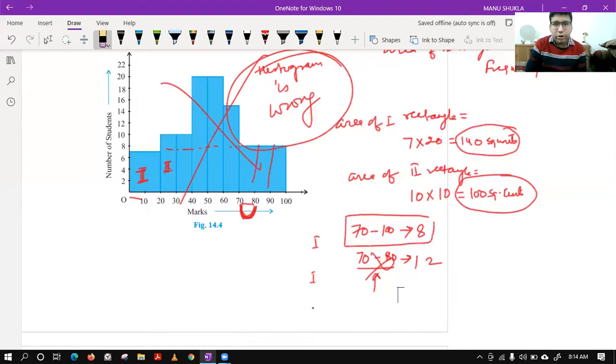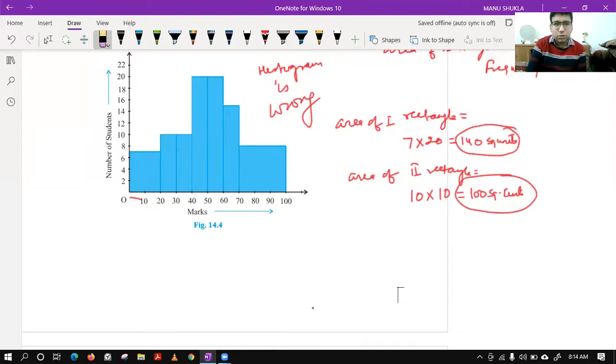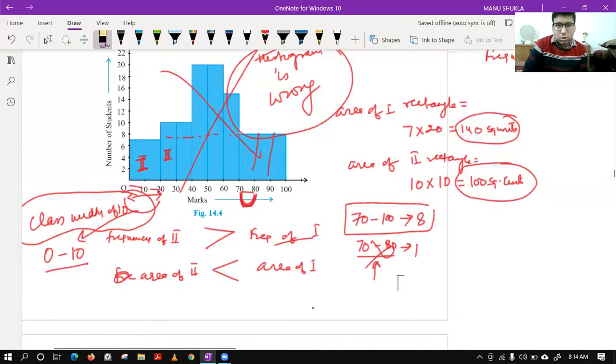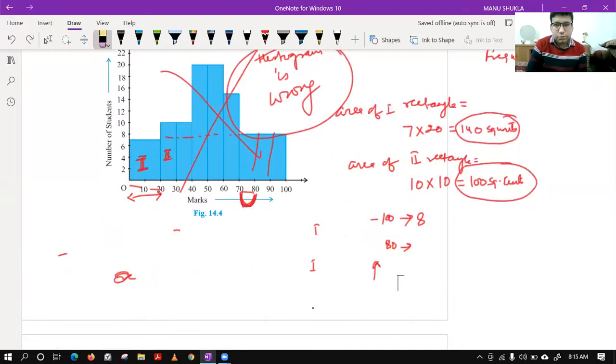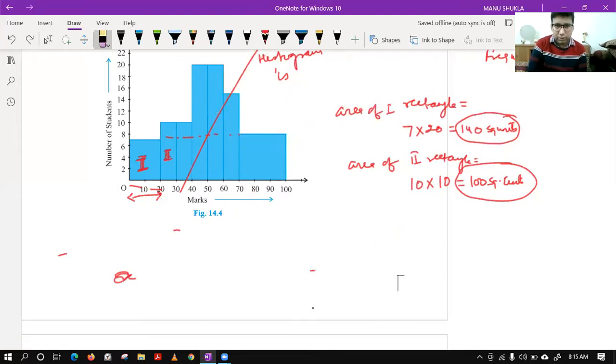So now we'll try to find some new frequencies. You can see the earlier area is written over there. Now let's try to find the new frequencies.